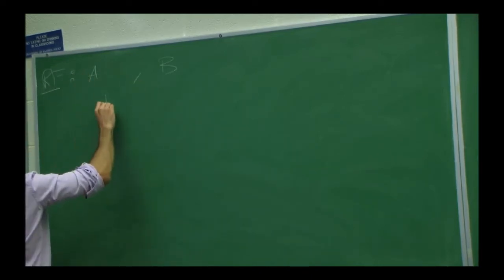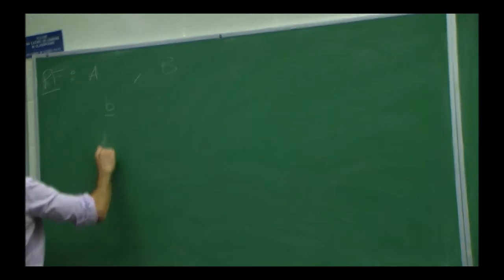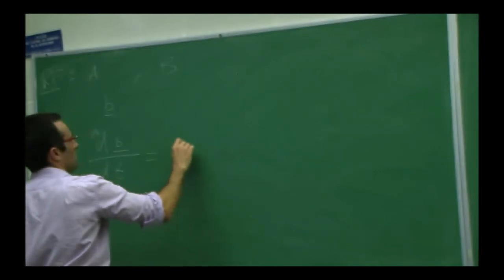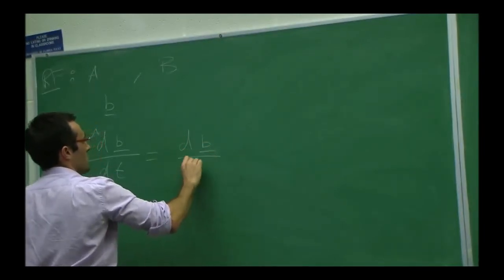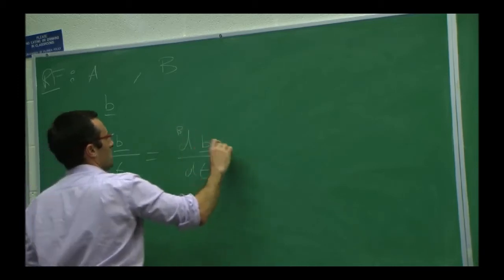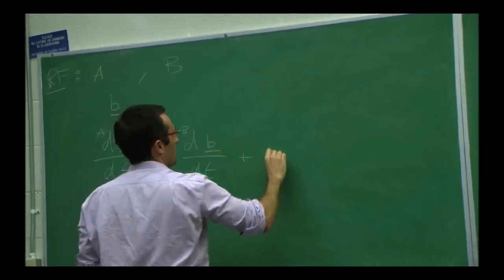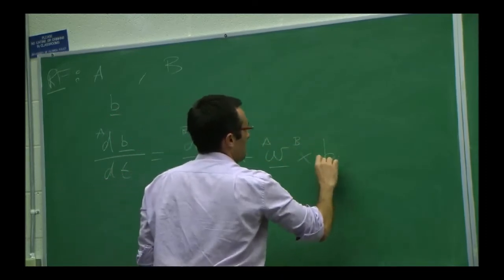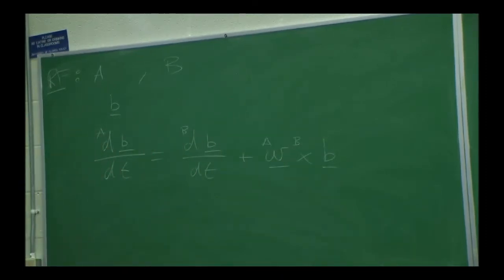The transport theorem tells me that if I take a vector, call it B, the rate of change of B in A is equal to the rate of change of B in B plus the omega of B with respect to A cross B. That's the relationship I have right there.